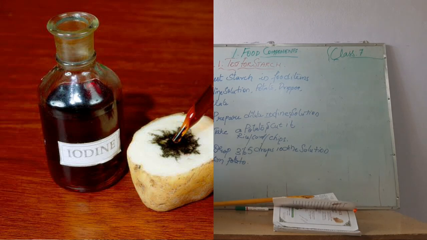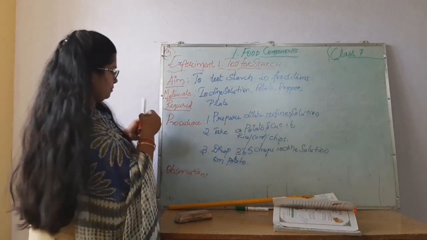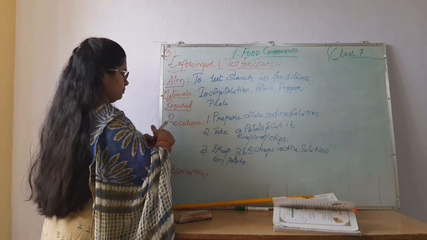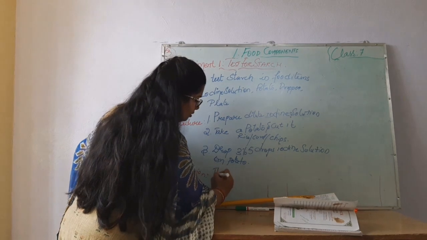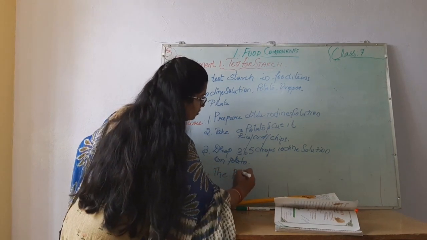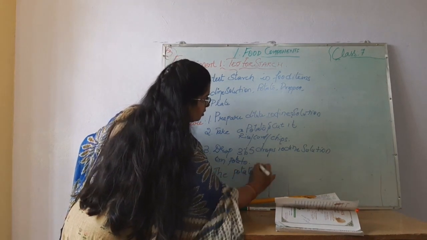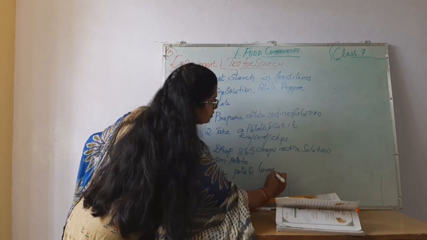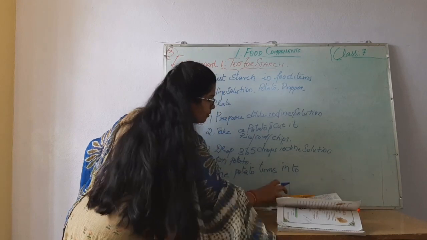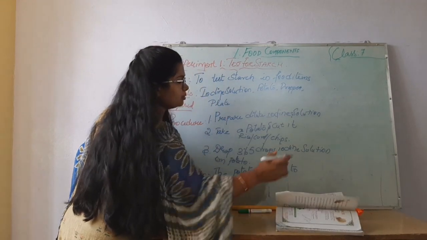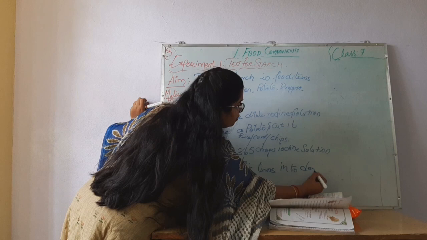So, what is our observation? The place where you have dropped this iodine solution, the potato turns dark blue or black.